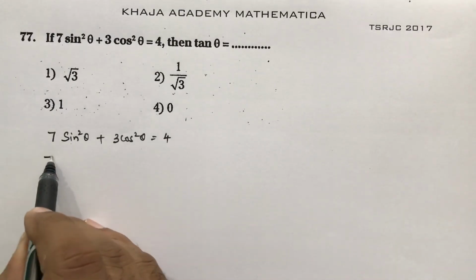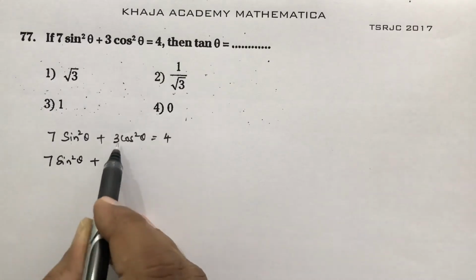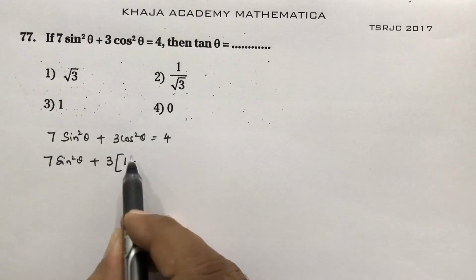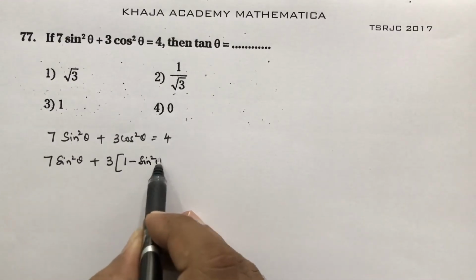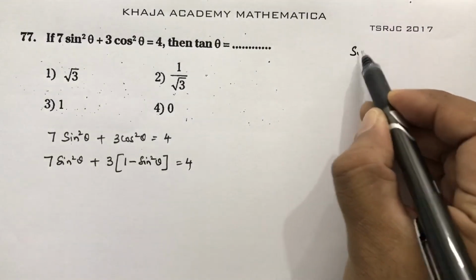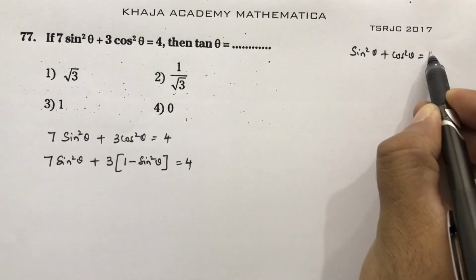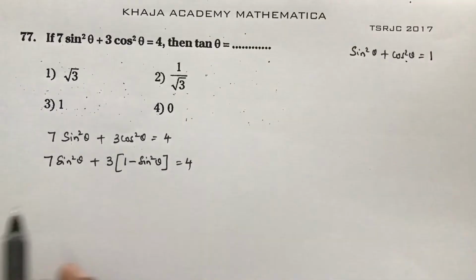So I'll change 3 cos square theta and write it as 1 minus sine square theta, equals 4, because we have an identity: sine square theta plus cos square theta equals 1. So cos square theta I can write as 1 minus sine square theta.